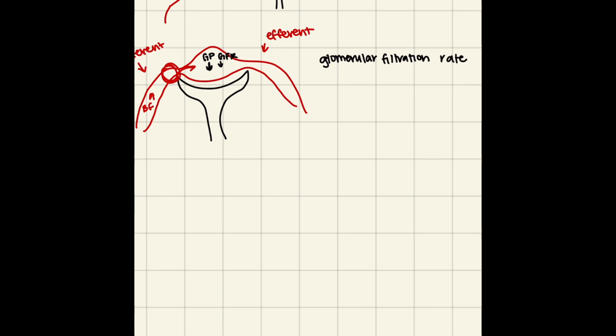Another way that we can increase the pressure is by constricting this artery. If we make this arteriole smaller, then it will kind of back up the blood into the glomerular capsule and we'll have a greater glomerular filtration rate.